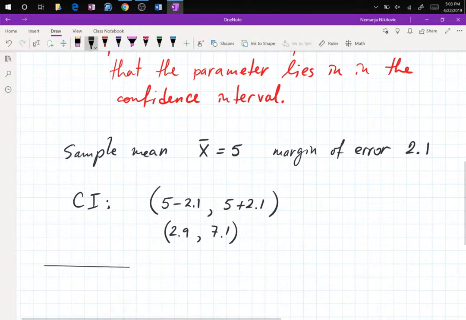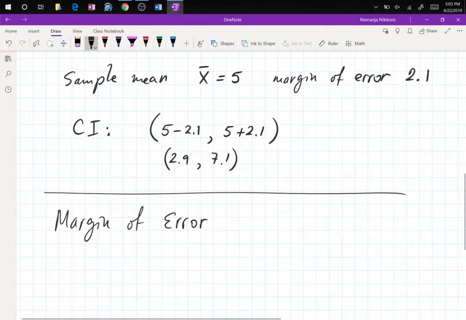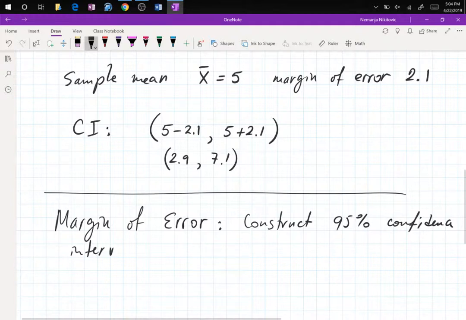All right, so for margin of error, we can say construct a 95% confidence interval for the mean price mu.